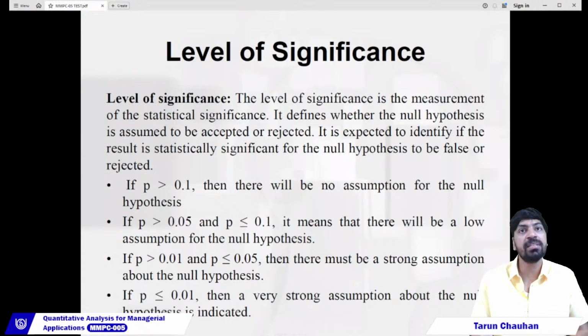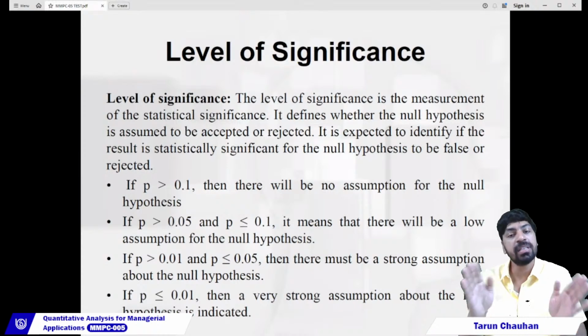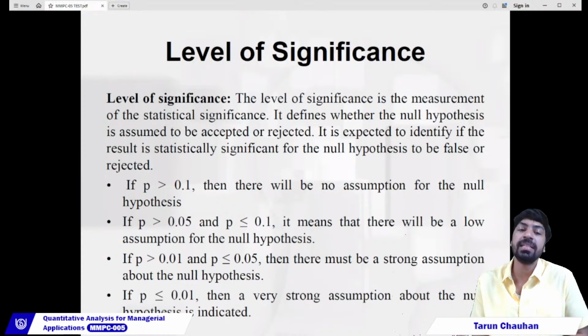Whether the statement made by the researcher under the null hypothesis is actually false or true or rejected, that's called the level of significance.